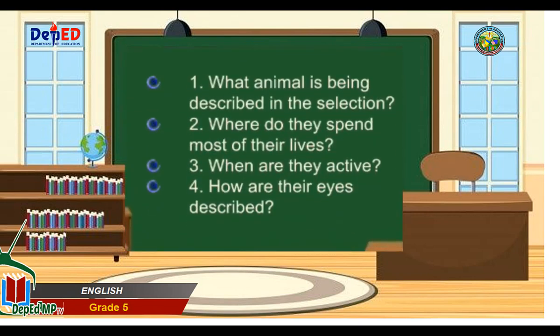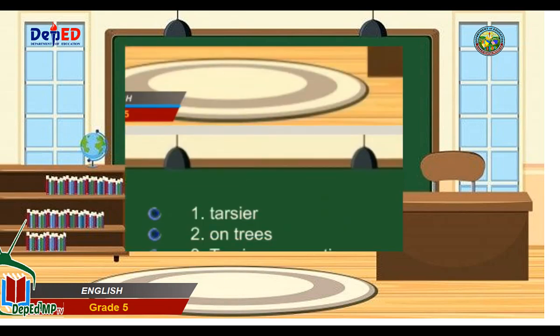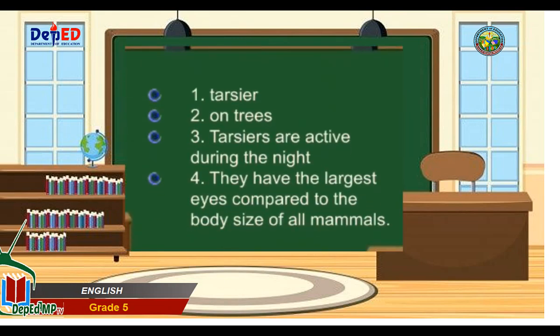What animal is being described in the selection? Where do they spend most of their lives? When are they active? And how are their eyes described? The answer for number 1 is a tarsier.